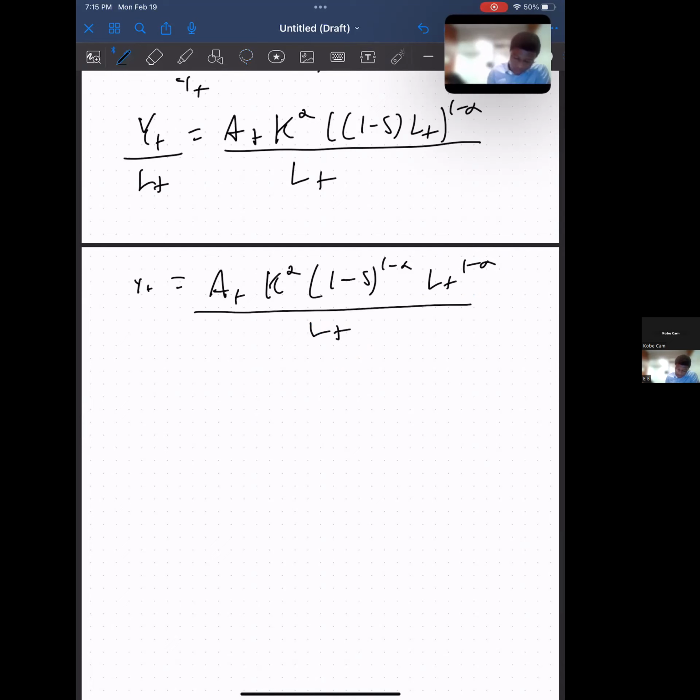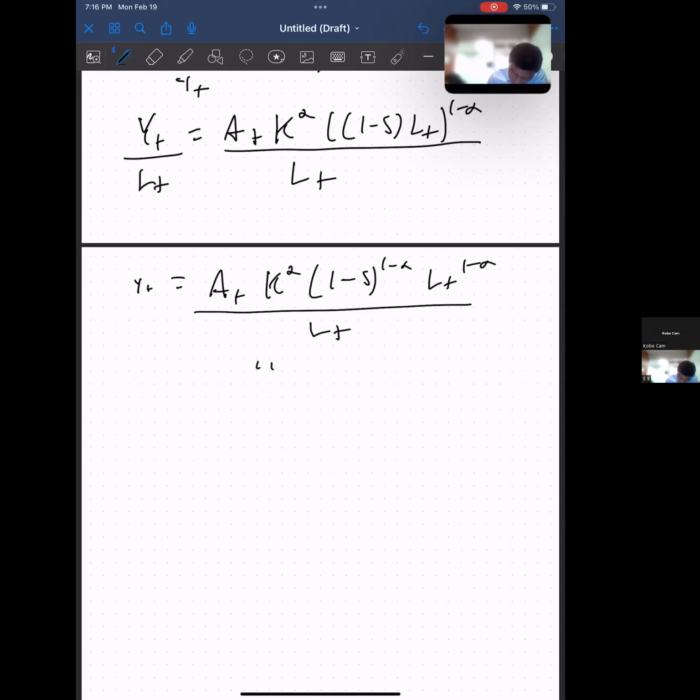And just make sure this is understood, because this is technically the same thing as L_t^(1 minus α) times L_t^(minus 1), and if you add these together, that's just L_t^(minus α). Just want to make sure that's understood as far as the math goes. We use that a lot, so it's very important to have that understanding.